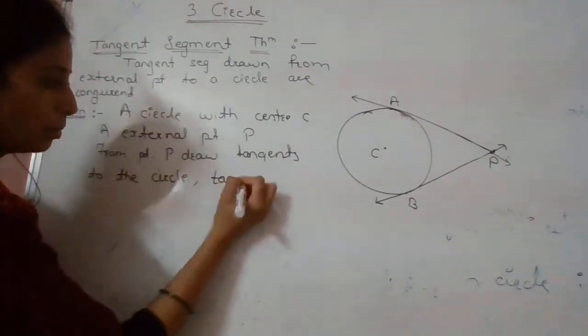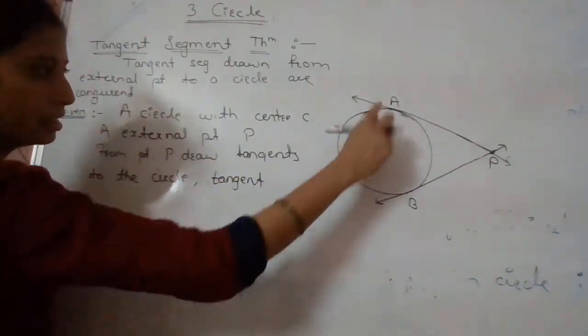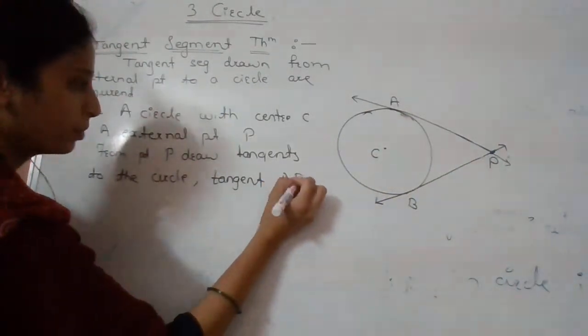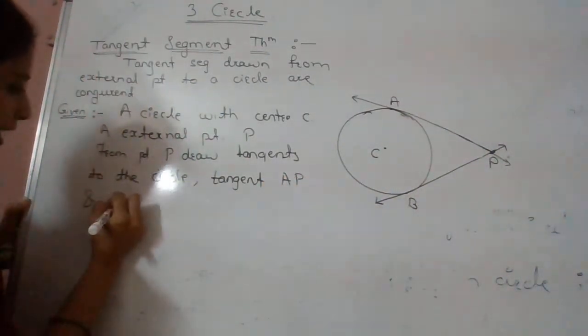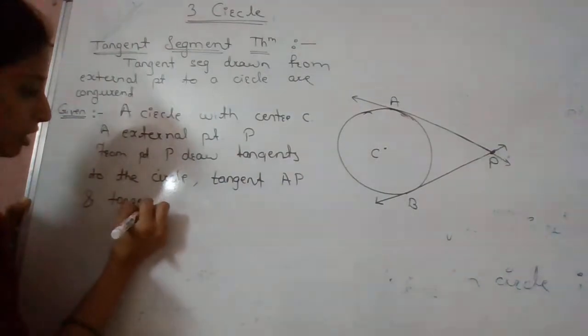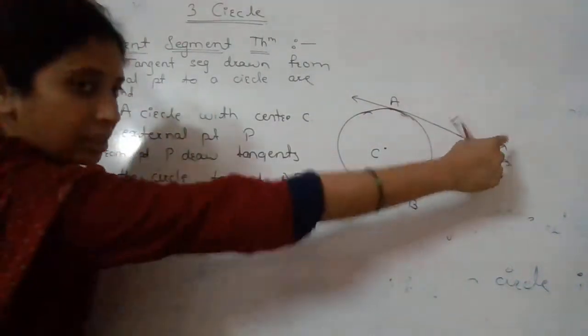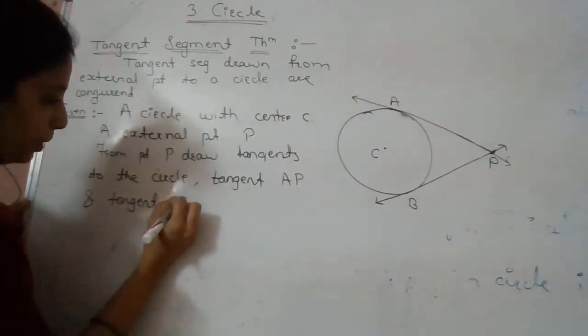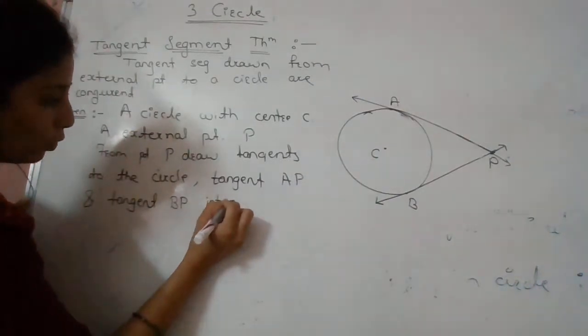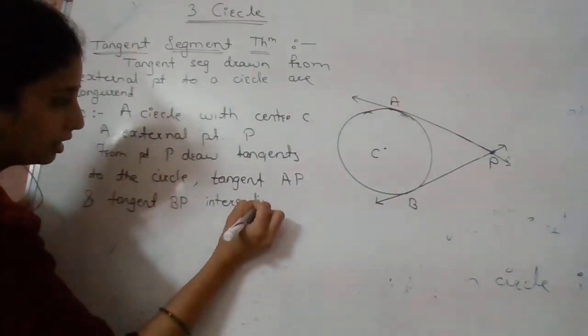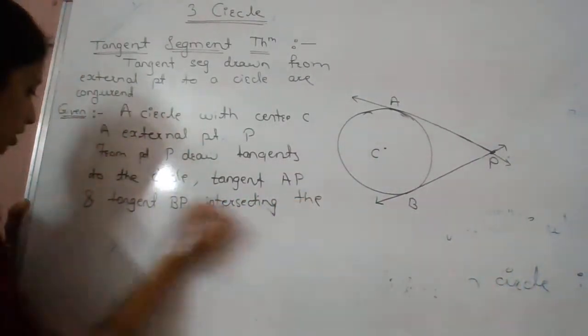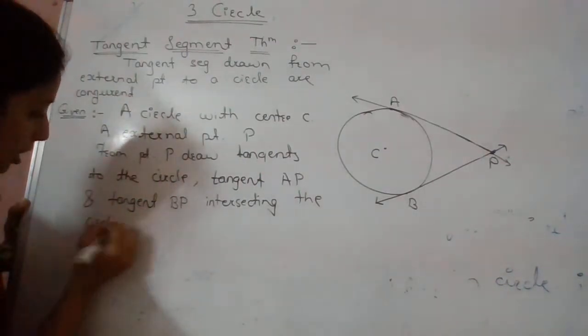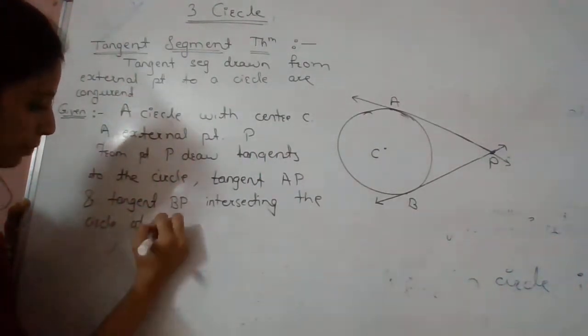Tangent AP, I am giving the name tangent AP, and the next tangent is BP. Where are they intersecting?